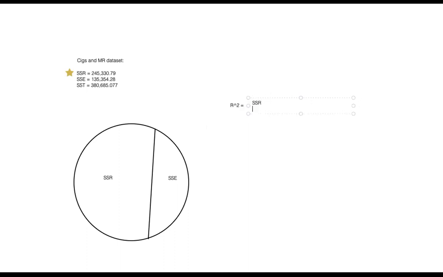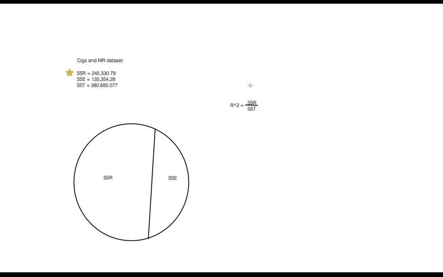That's why it's in the numerator, divided by SST. So we simply take this number, SSR, and divide it by SST.